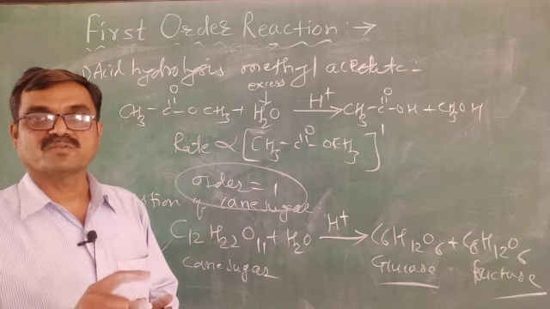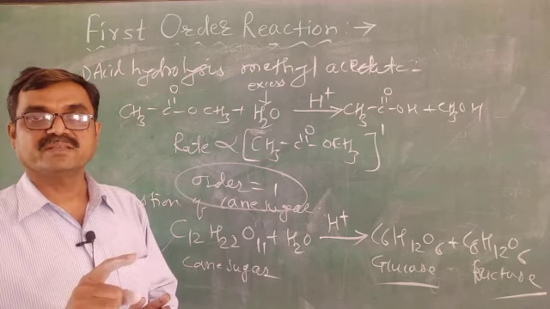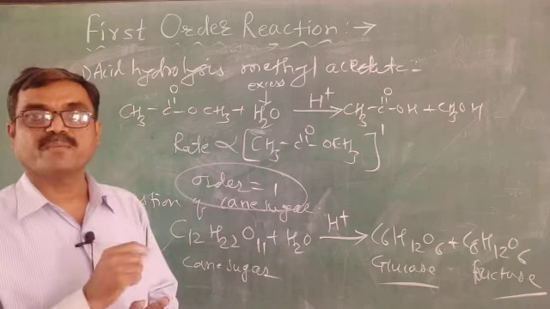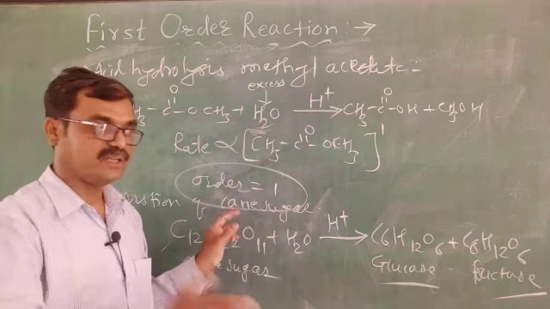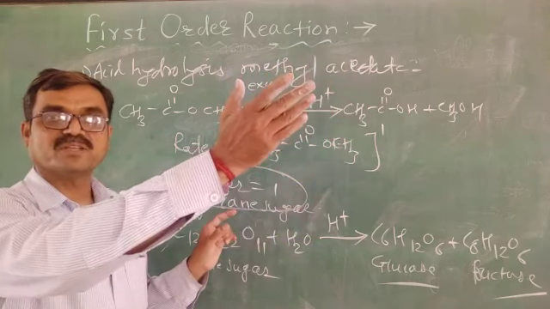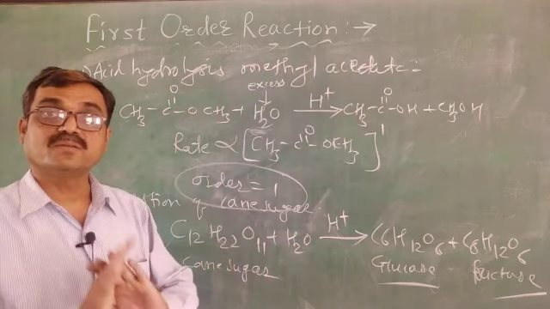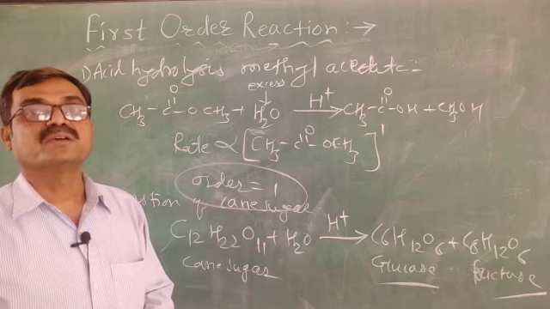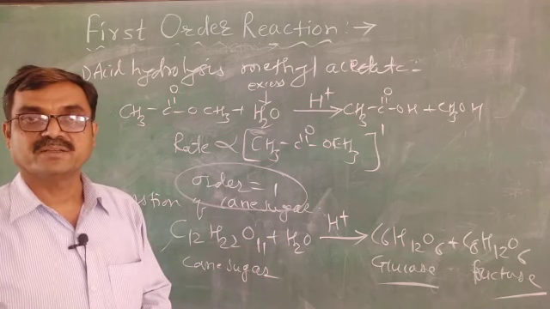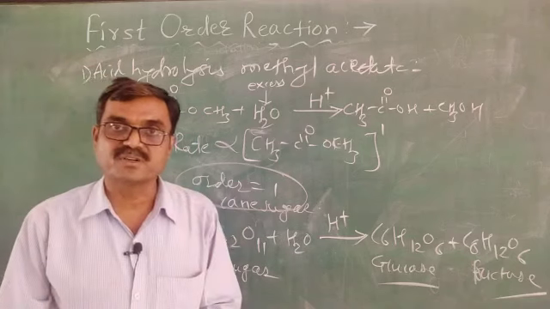It will be y equals mx, where x is T and y is log of A upon A minus X. If we plot log of A upon A minus X versus T, it will be a straight line passing through the origin, with no intercept, and its slope is K1 upon 2.303.